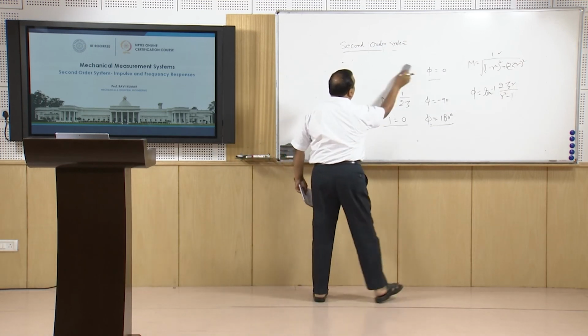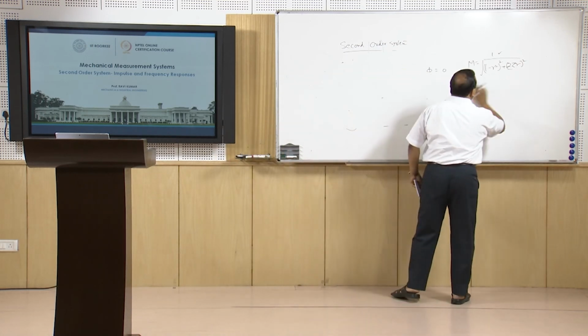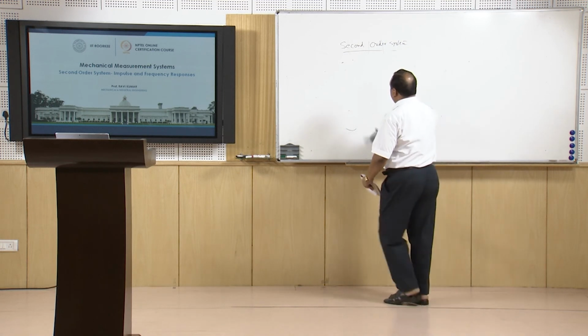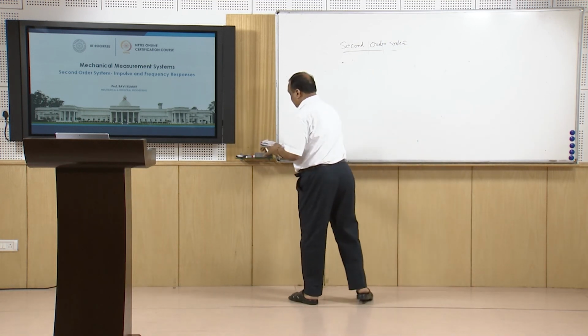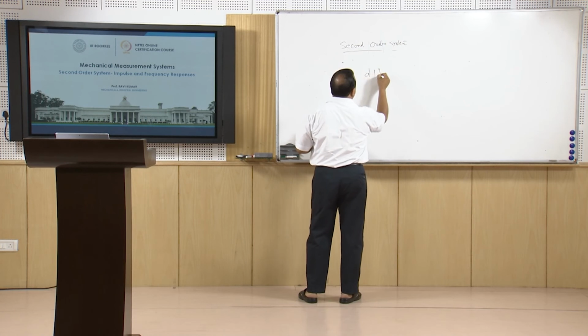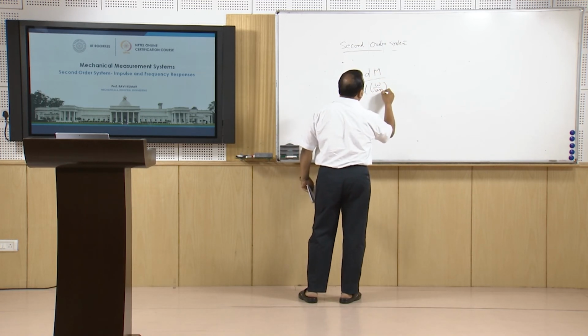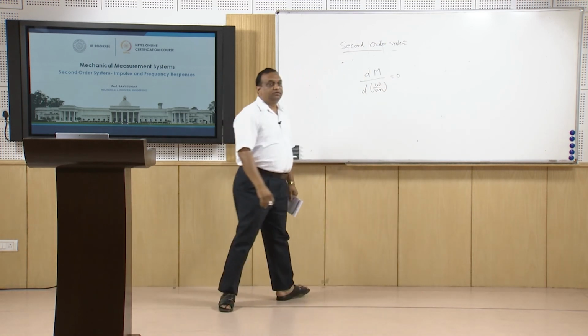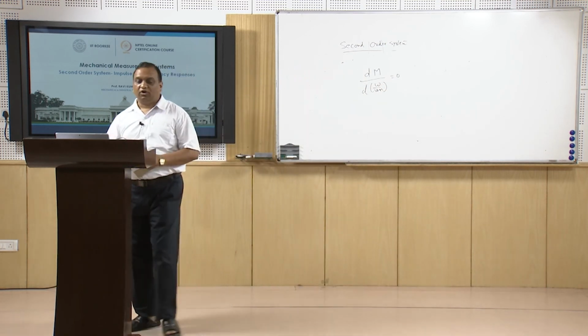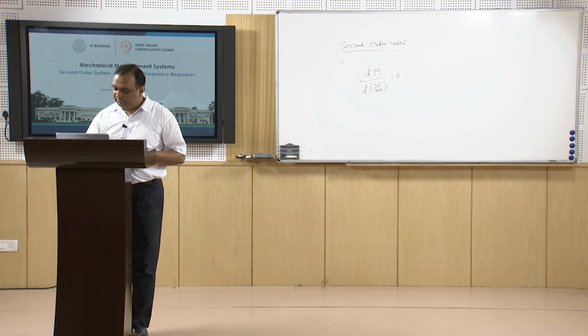And there is a case when we call resonant frequency. Resonance frequency is the frequency when dm by d(omega by omega n) is equal to 0. That is known as frequency of resonance, right?